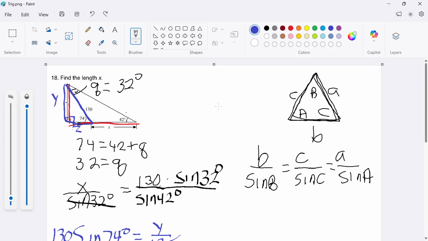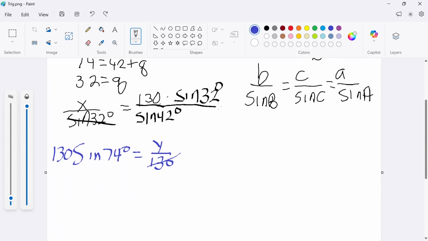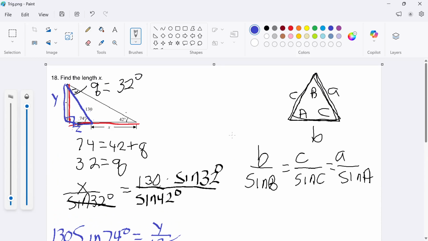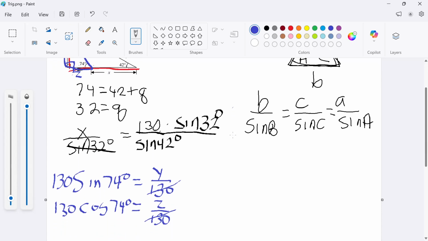So now I want to find z, and I can use cosine of 74 degrees. Cosine 74 degrees equals adjacent, which is z, divided by the hypotenuse. If I multiply both sides by 130, I have z. So now I have y, I have z, and now I can do something with this big triangle. I have 42 degrees.